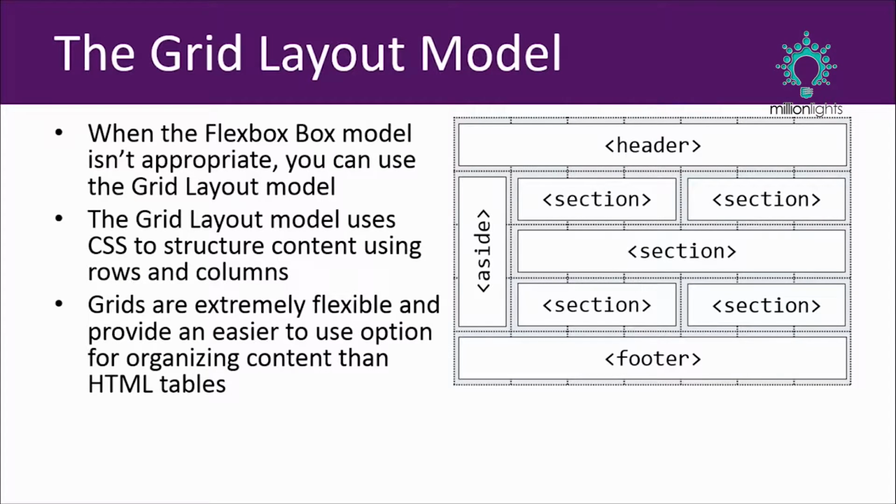It's got columns and rows, and so it makes it really easy to organize your content the way that you want your user interface to appear for your users. Grids are extremely flexible, and they provide an easier to use option for organizing content than HTML tables would.